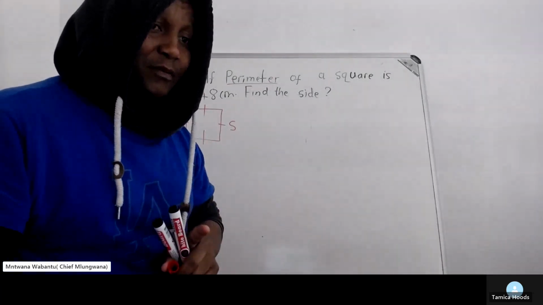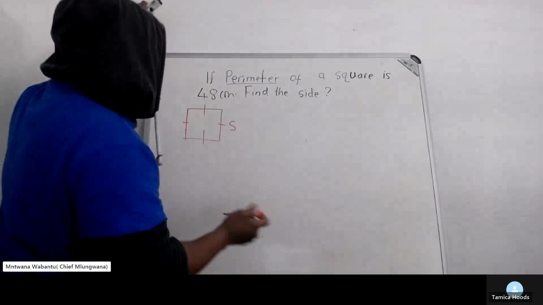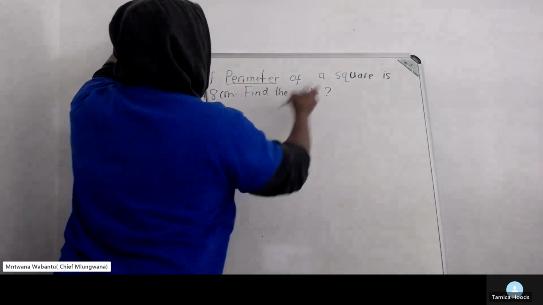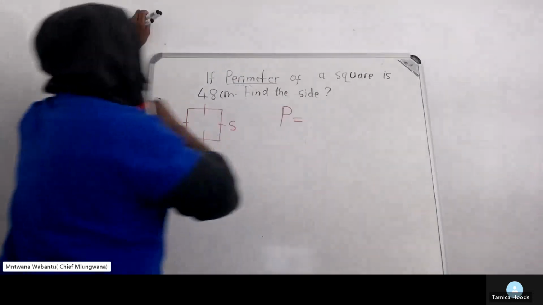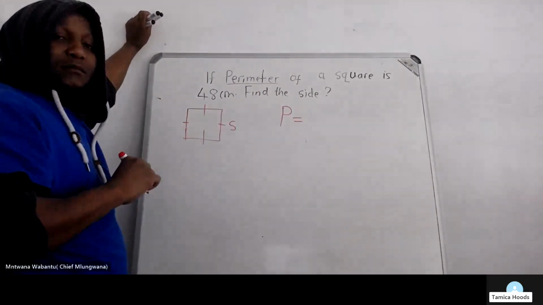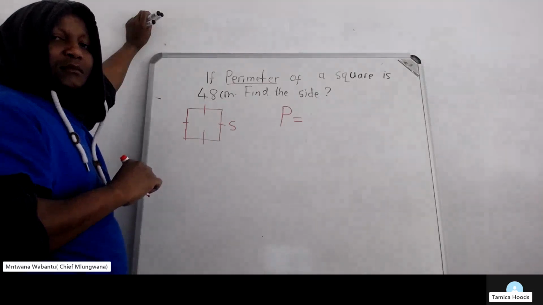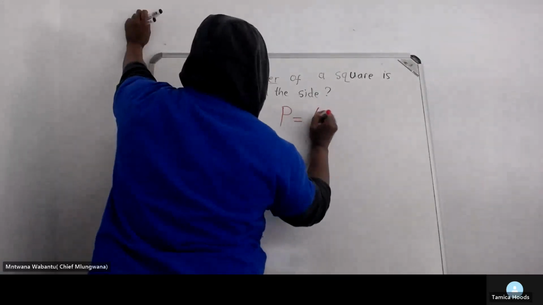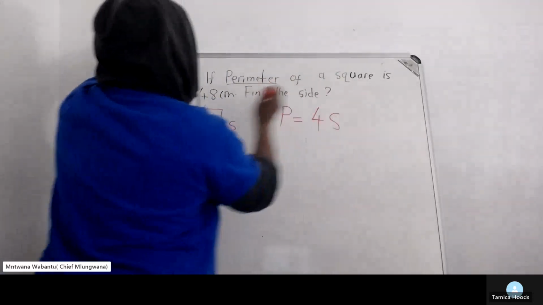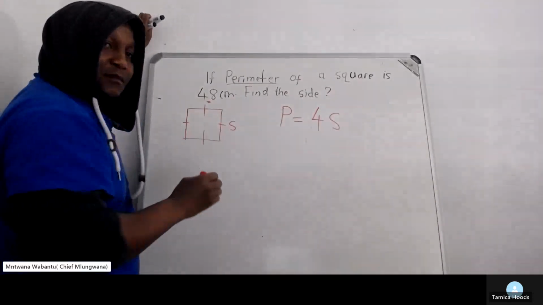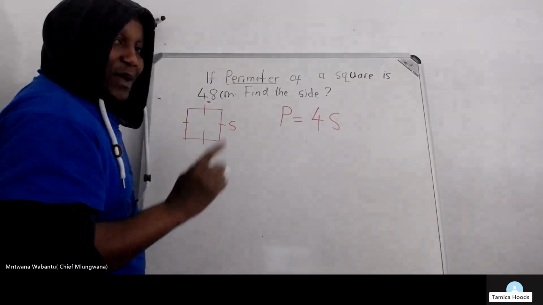Are you with me, Tamika? Yes, I'm with you. So I'm going to write my formula for perimeter of a square. Perimeter of a square, what's the formula? The formula is 4s. But what do I have if the perimeter of a square is 48? We have the perimeter.